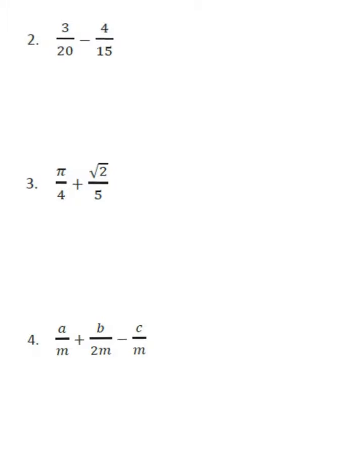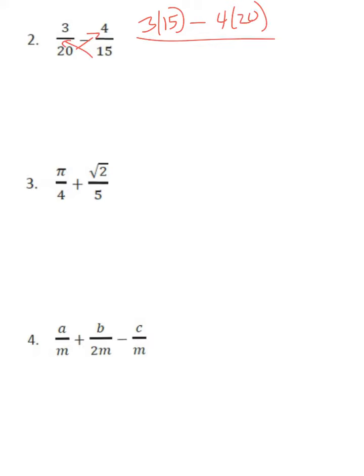Okay, so our first example here is number 2. We've got 3/20ths take away 4/15ths. We do not have a common denominator. Okay, so if we want to use just the 2 pieces, it was pretty easy. All I do is take the 3 times the 15, and then minus the 4 times the 20. You do that one that way, that one that way.